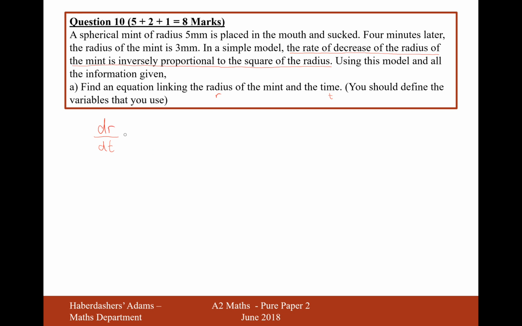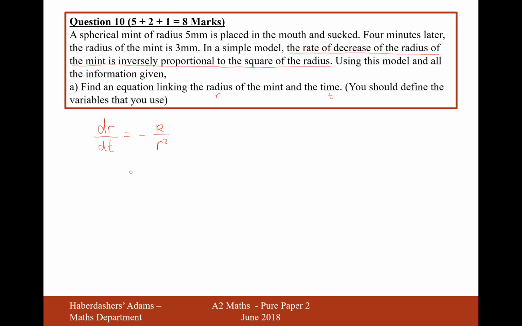So it's dr by dt equals, it's decreasing, so it needs a negative at the front there. Inversely proportional to the square of the radius, so it's going to be k over r squared. K is the proportion, r squared means that it's inversely proportional to the square. Okay, so there we are. This is our differential equation.